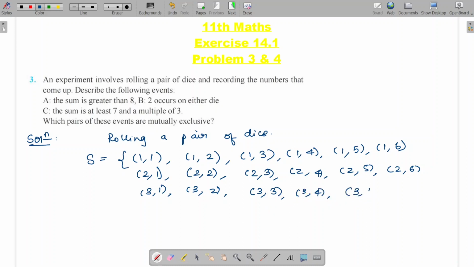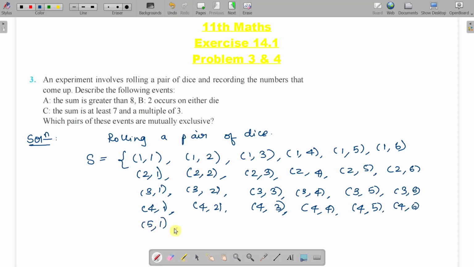3 comma 5, 3 comma 6, okay, 4 comma 1, 4 comma 2, 4 comma 3, right? 4 comma 4, 4 comma 5, 4 comma 6, okay. Then we can get 5 on the first dice, 1 on the second dice, 5 on the first dice, 2 on the second dice, 5 on the first dice, 3 on the second dice, 5 on the first dice, 4 on the second dice, right?